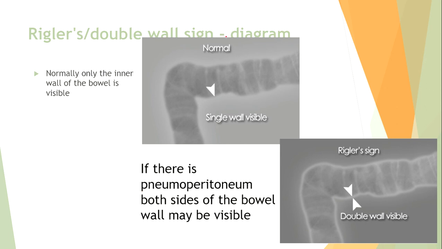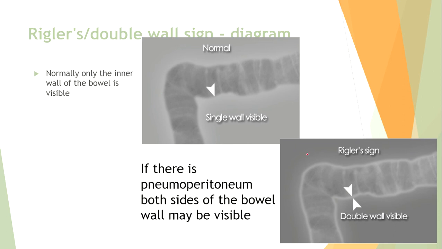Another sign of free gas in the abdominal cavity is Rigler's double wall sign. In the normal picture we have only one wall of the bowel visible.